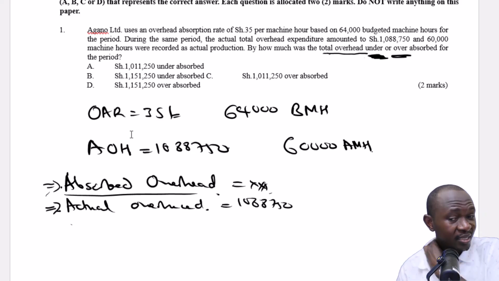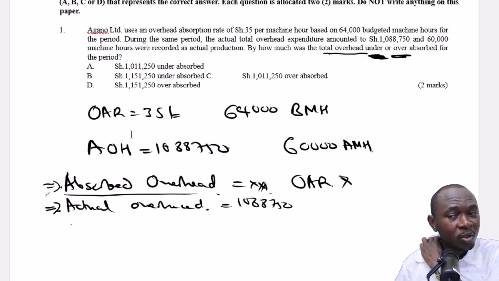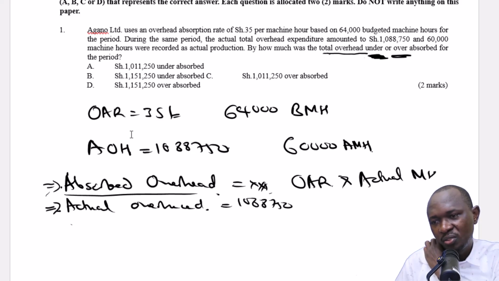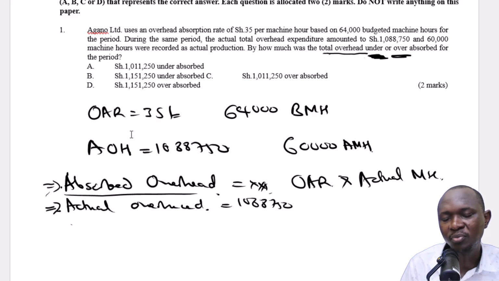Absorbed overhead, the formula is overhead absorption rate multiplied by the actual machine hours. All these figures we've been given, that's why I said it's quite a straightforward question.